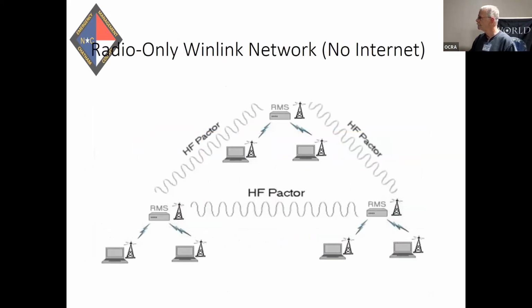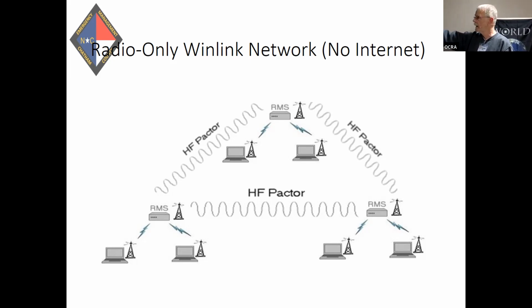Next slide. So this is the radio only method. If we had an internet outage through, let's say, half of the US, and you couldn't reach an RMS that is connected to an internet that you wanted to send a message beyond that, the one way to do it is to connect to whatever RMS that you can.